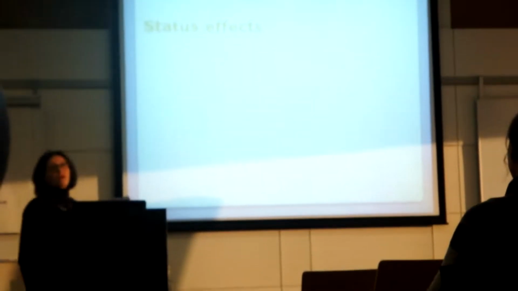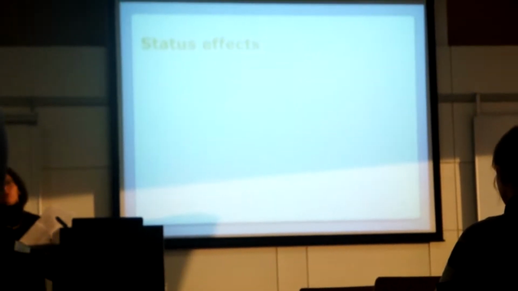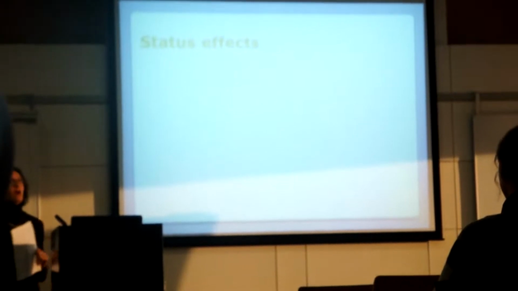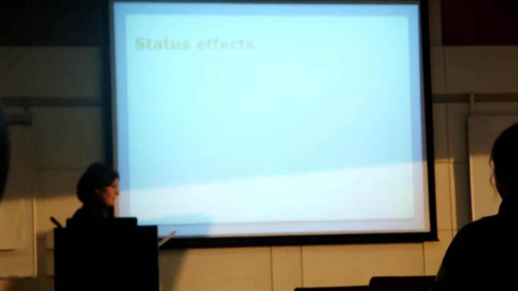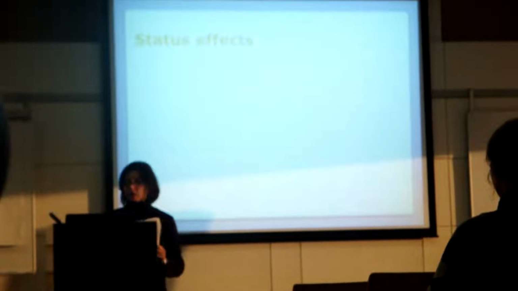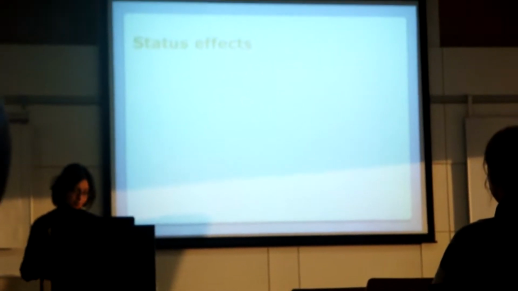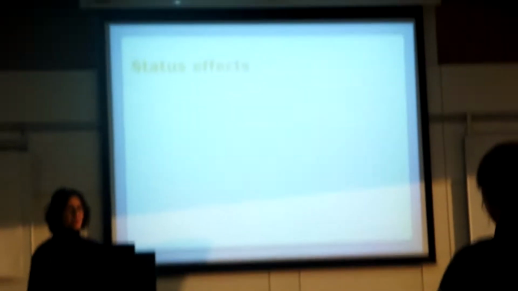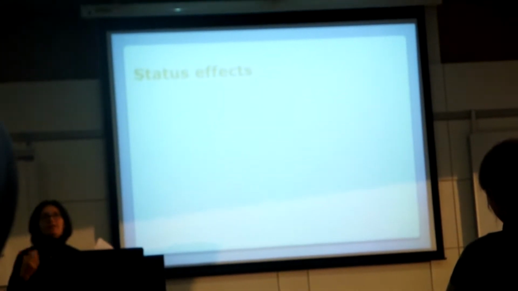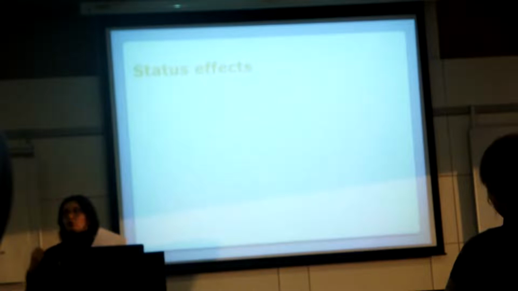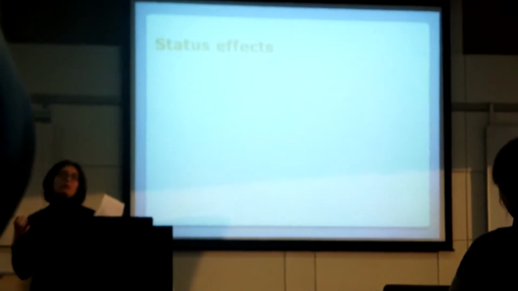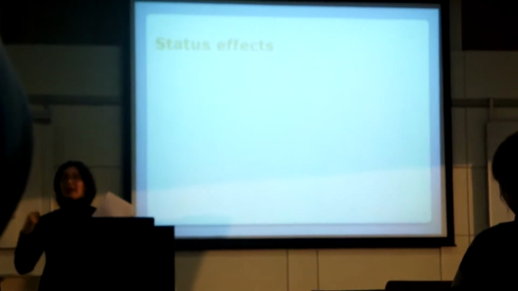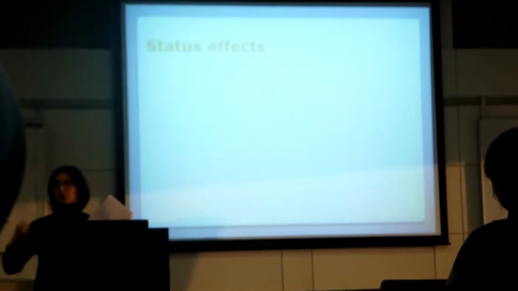So one other group that is pushing networks to become much more hierarchical is the status effect. The status effect is related to the idea that if at one point in time there is one actor, or a few actors, with many ties, these actors will reinforce that position over time.